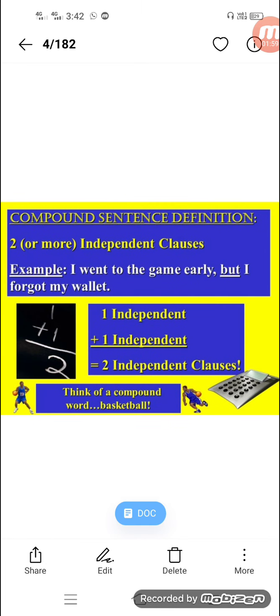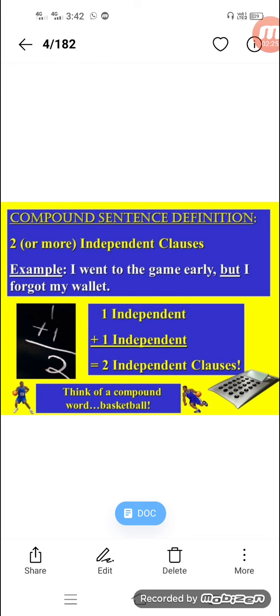Now let us see the compound sentence. A compound sentence is a sentence in which there must be two clauses and both should be independent clauses, right? And these clauses should be combined together by a coordinating conjunction, right?